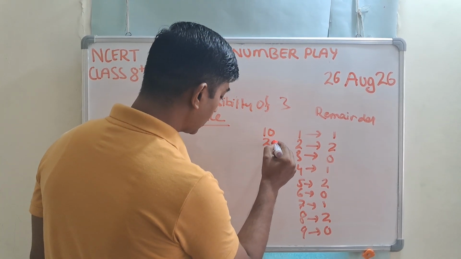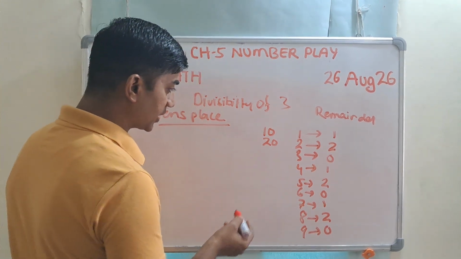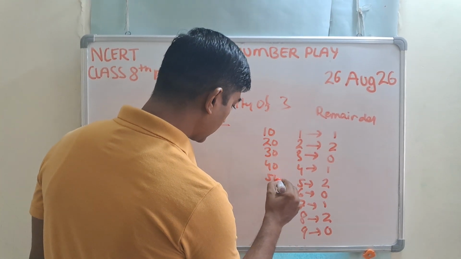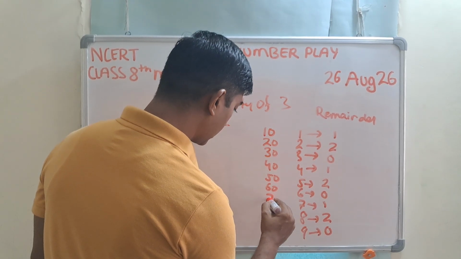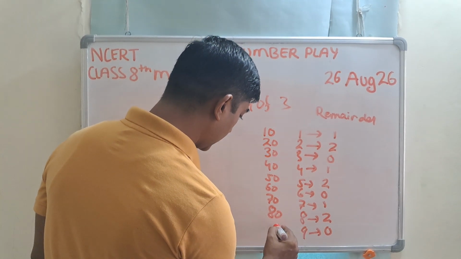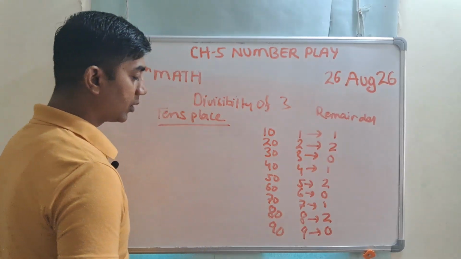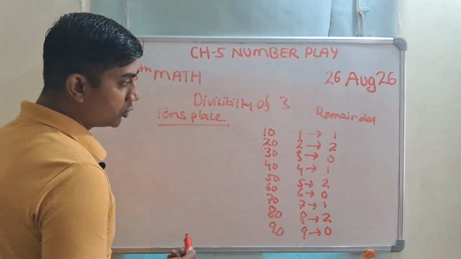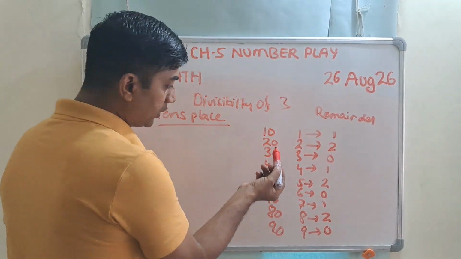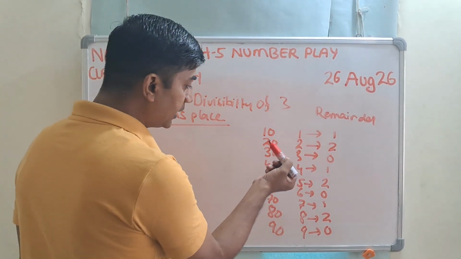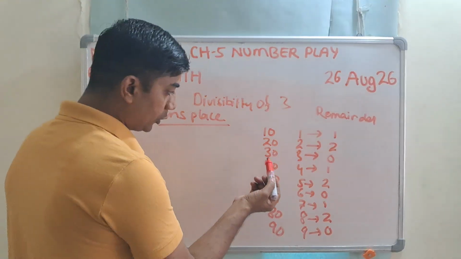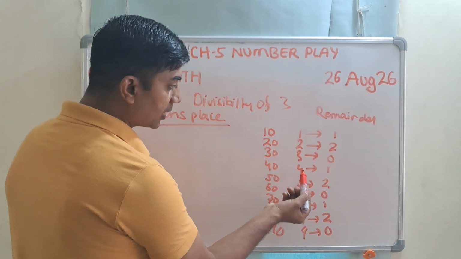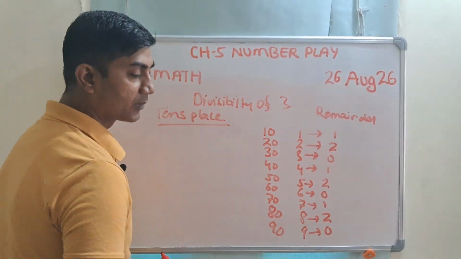Only these numbers you will get at tens place: 10, 20, 30, 40, 50, 60, 70, 80 and 90. What you observe? If you divide 10 by 3, you will get remainder 1. If you divide 20 by 3, remainder 2. If you divide 30 by 3, remainder 0. If you divide 40 by 3, remainder 1.